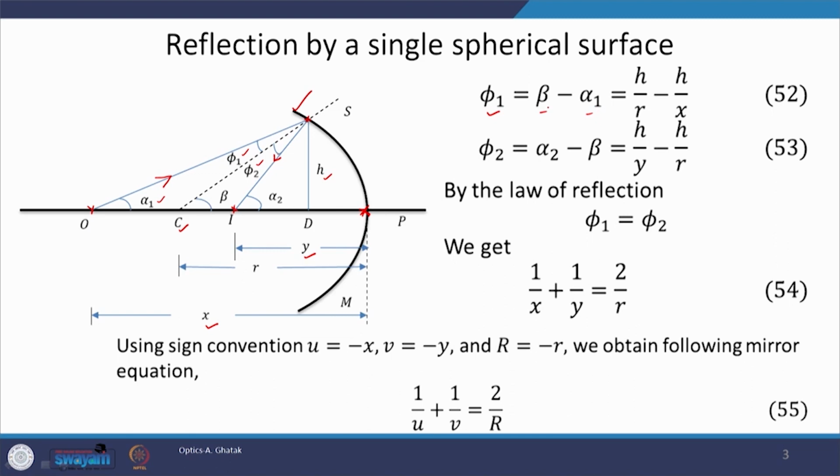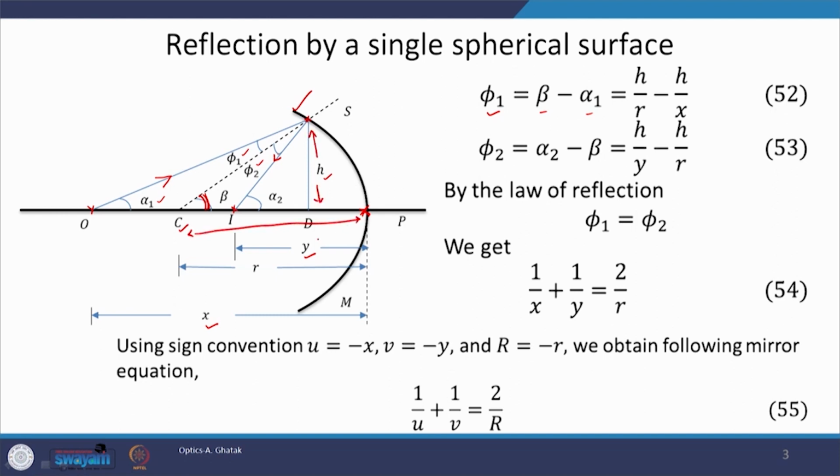tan beta would be beta, tan alpha 1 would be alpha 1, tan phi 1 would be phi 1, and in this particular case we can write beta is equal to h by r. Beta is this angle, h is this height, and r is the radius of curvature.